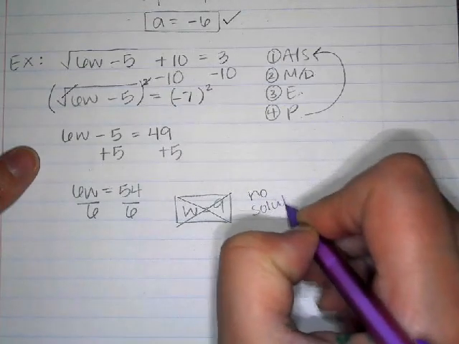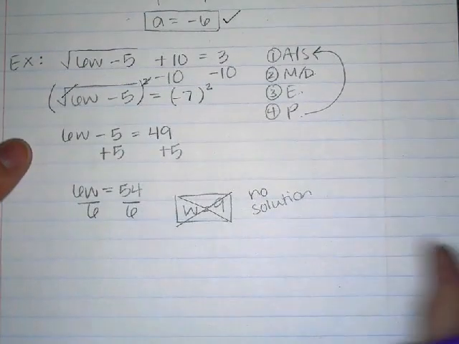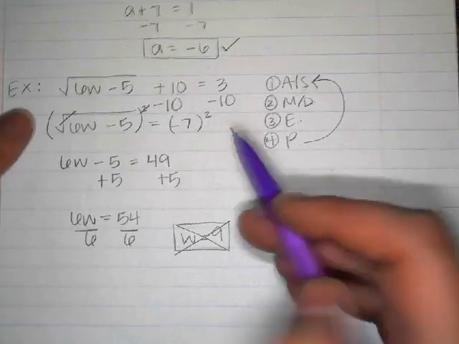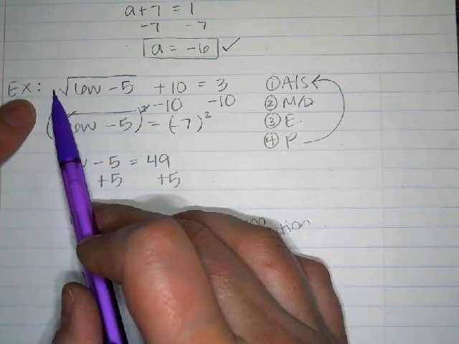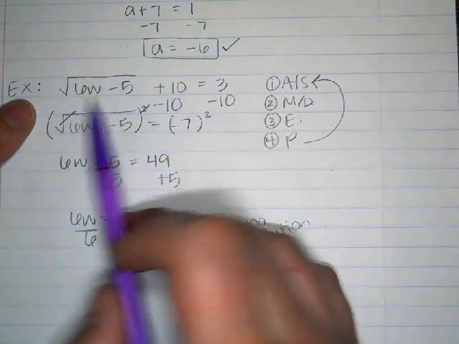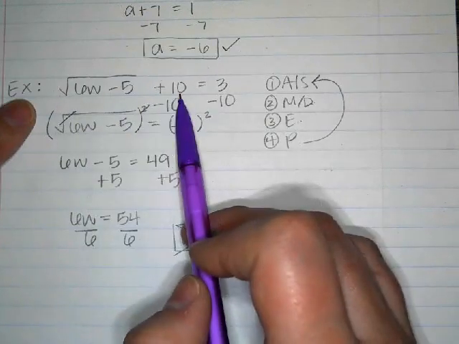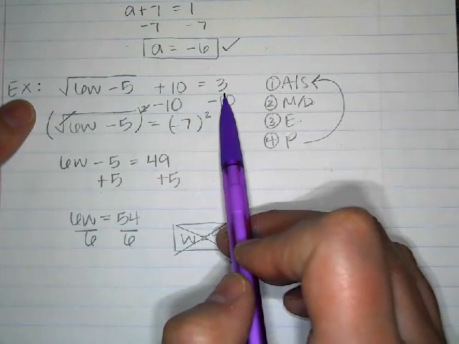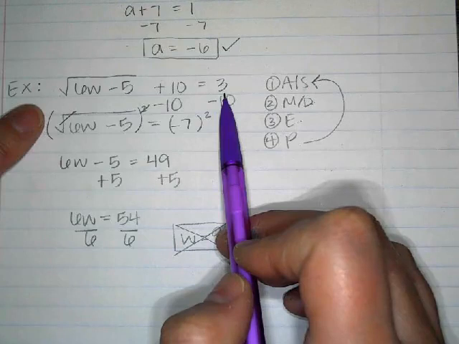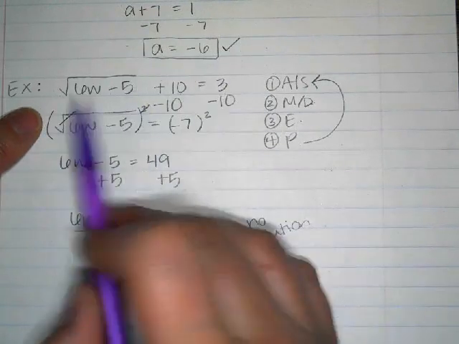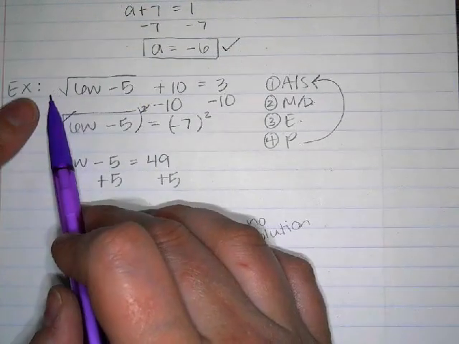Which, it makes sense if you think about it, though. The positive version of a square root plus 10 is never going to equal 3. Does that make sense if you think about it? Now, if they had said the negative version of the square root plus 10, that would probably equal 3.